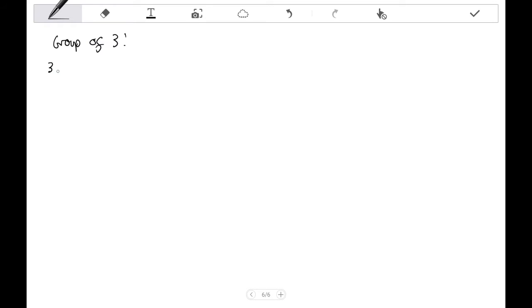Let's look at all the possible values: 3 choose 0, 3 choose 1, 3 choose 2, and 3 choose 3. Well, 3 choose 0, using our definition, would be equal to 3 factorial over 3 factorial 0 factorial, which is 6 over 6 times 1, which is 1.